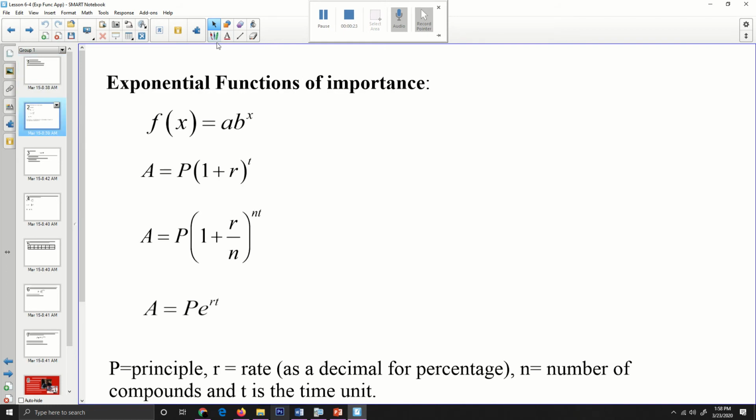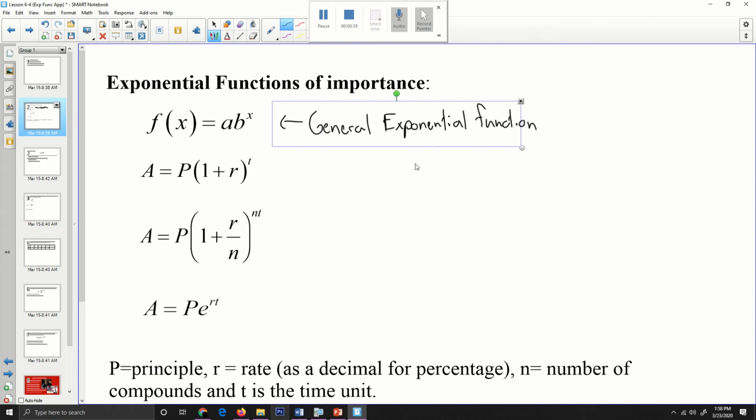And so here are some exponential functions of importance. This thing is your general exponential function. Here is the simple interest formula.